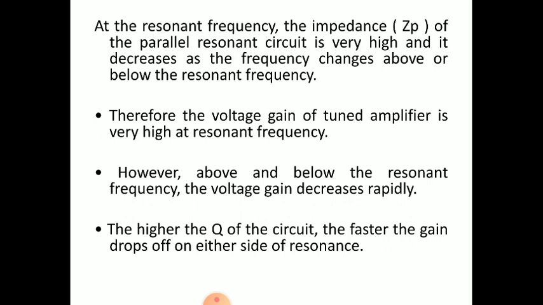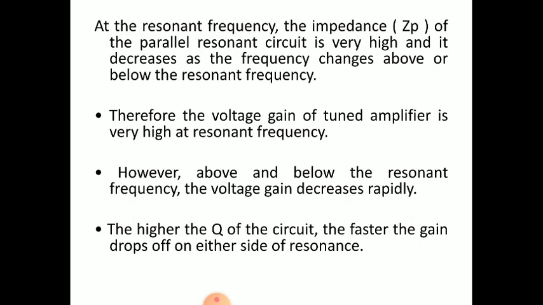The impedance is the important concept in the case of the tank circuit. We can get this f0 equal to 1 by 2 pi root LC formula from the impedance calculation.